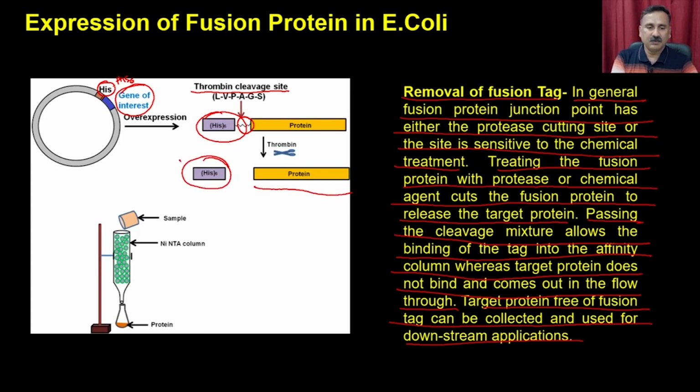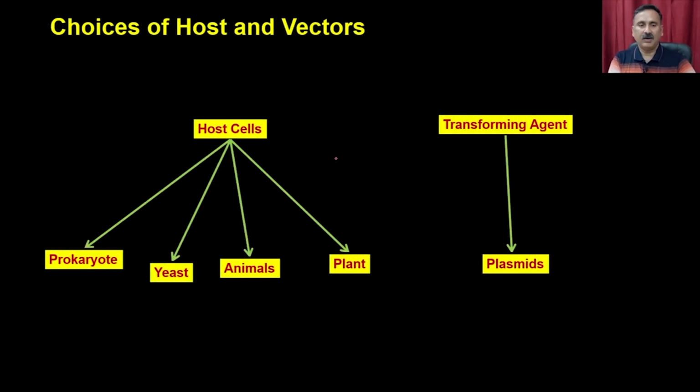Now you load this onto an affinity column, and the His tag will bind to the beads, whereas your protein comes out in the flow through, and that's how you separate the tag from the protein of your interest.